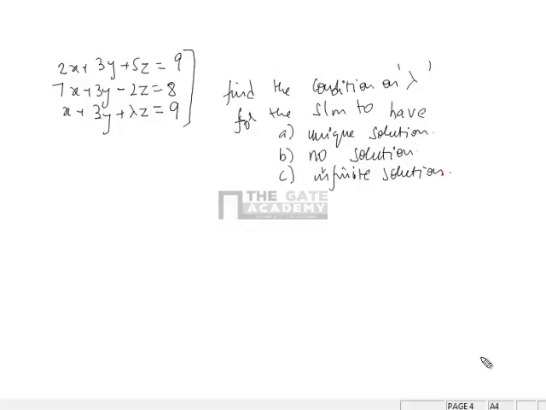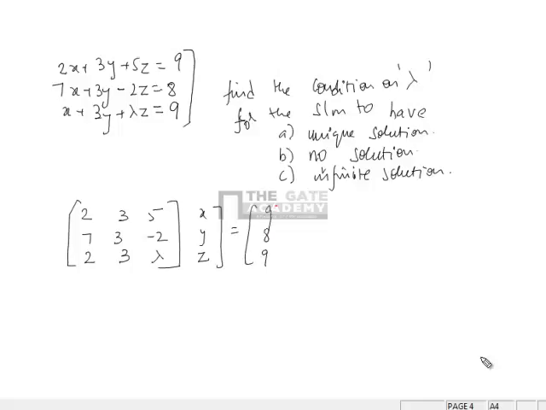Now what does this mean? That means the system matrix is what here? 2, 3, 5, 7, minus 3, minus 2, 2, 3, lambda, times x, y, z is equal to 9, 8, 9. This is the system matrix. So what is the first thing?